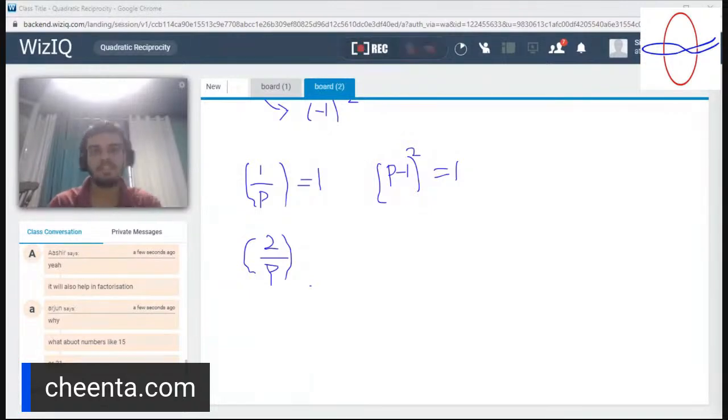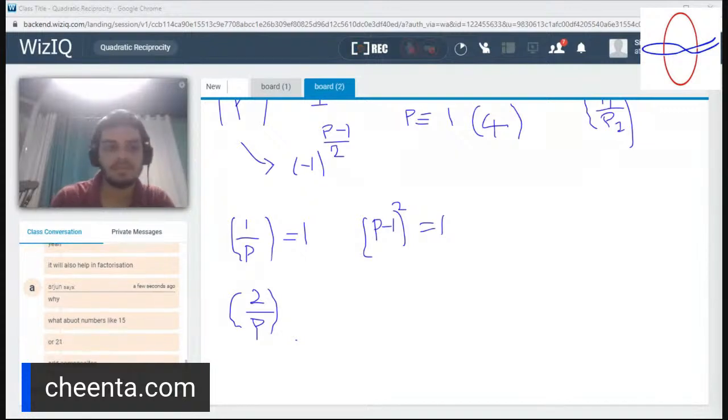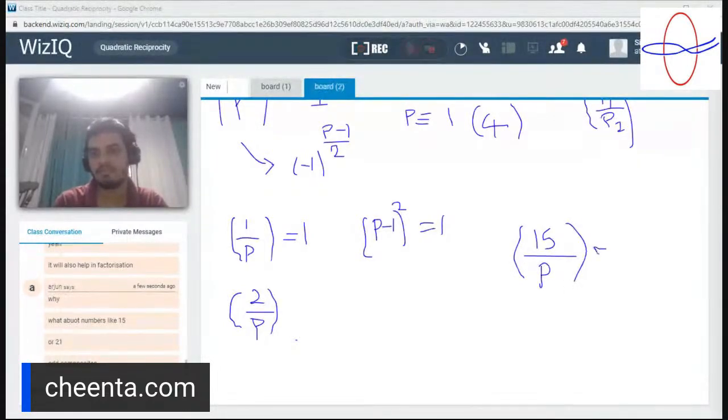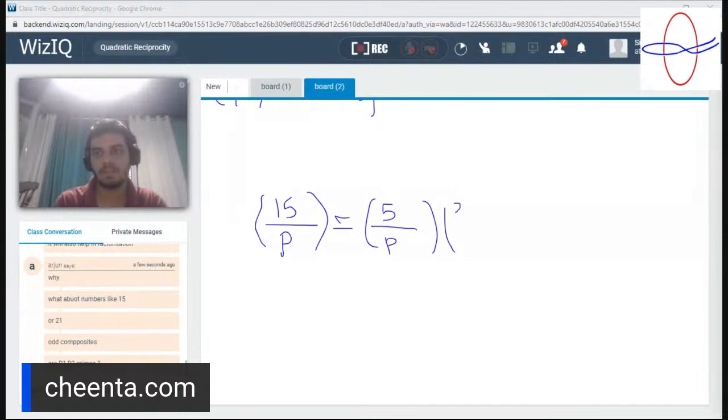Arjun, what I mentioned just now is that we will look at how to find the values of P1 over P2 separately, and as we have seen, let's say 15 over P can always be written as 5 over P into 3 over P. So as long as P1 and P2 are primes, as long as you can factorize them into a set of odd primes, we will deal with it in a bit.